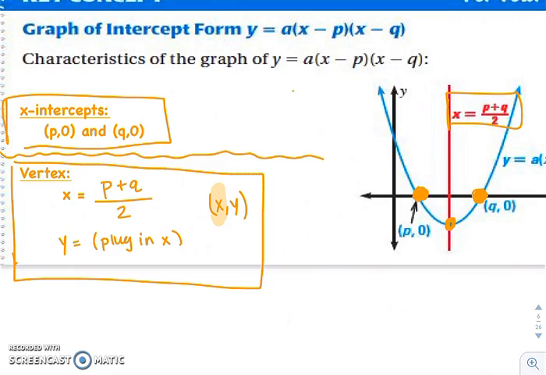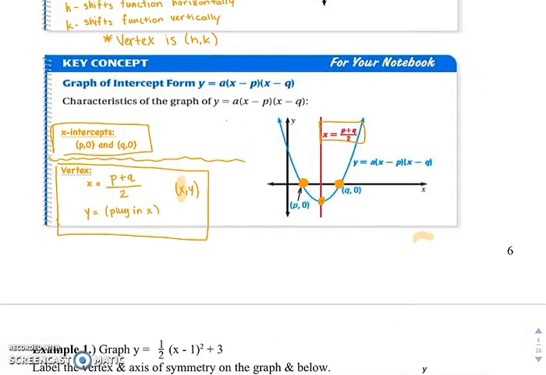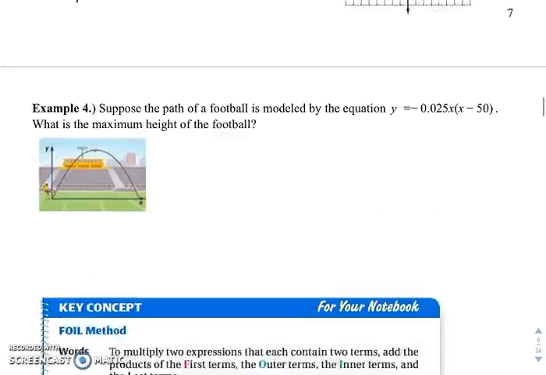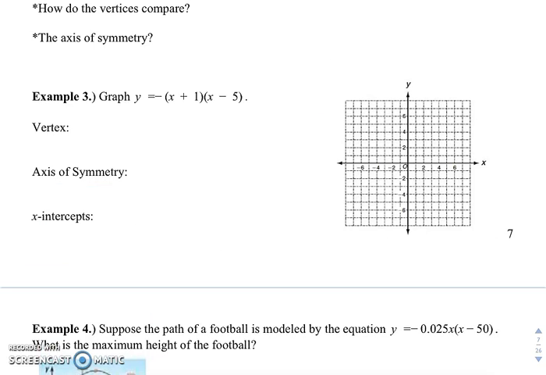So let's look at an example. Example 3 wants us to graph the equation y equals negative x plus 1 times x minus 5. So what I do, even though it's not listed first, is I find the x-intercepts first.